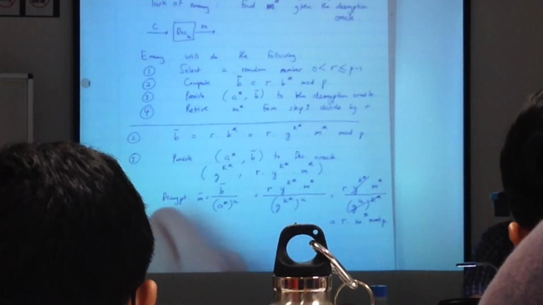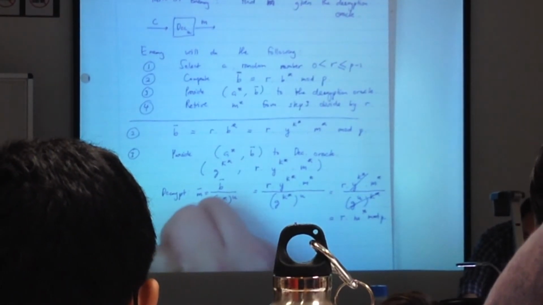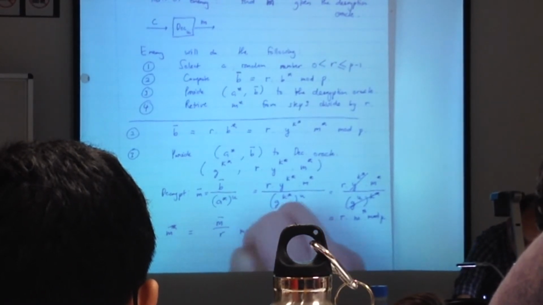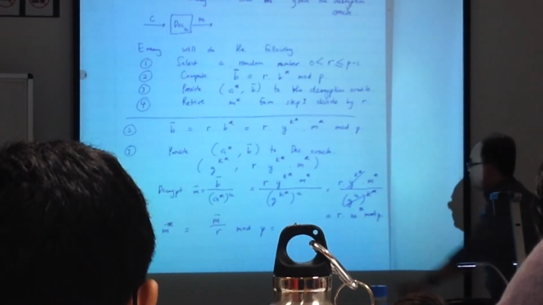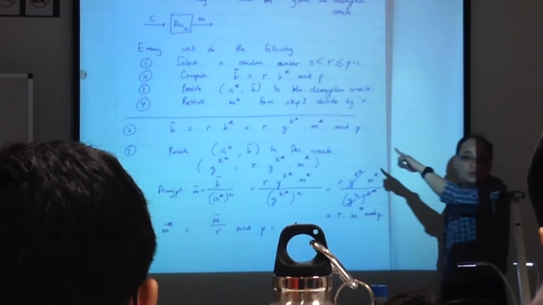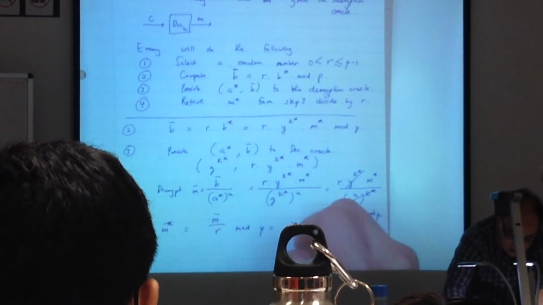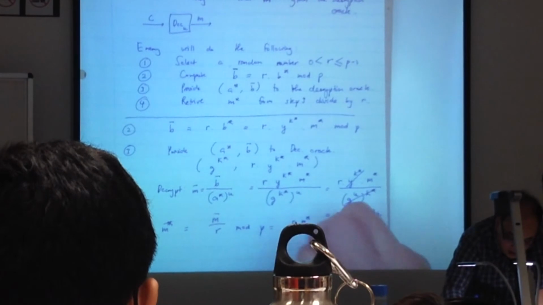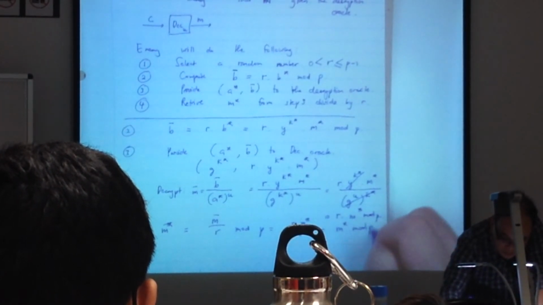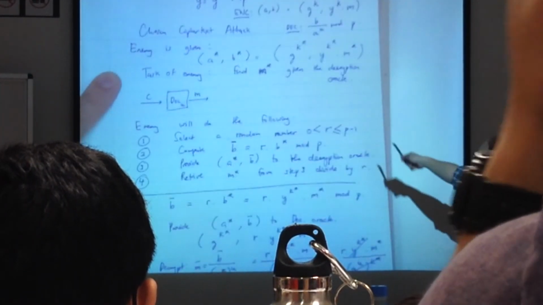That is why in step 4 we retrieve M star by doing M bar divided by R modulo P. How can we divide by R? Because R is selected by the enemy, so the enemy knows the value R. Now you get R times M star divided by R, so you get M star modulo P, which is the output the enemy needs to generate.